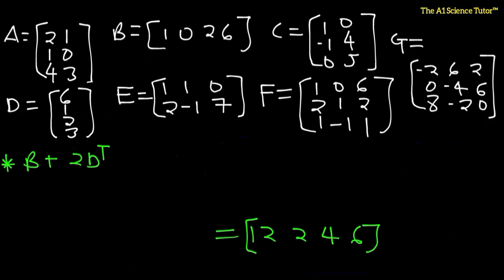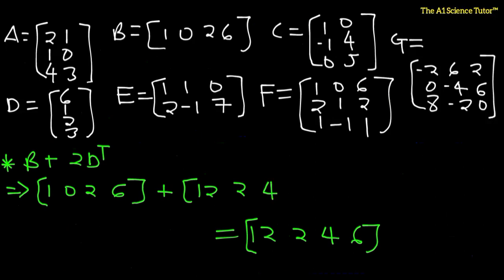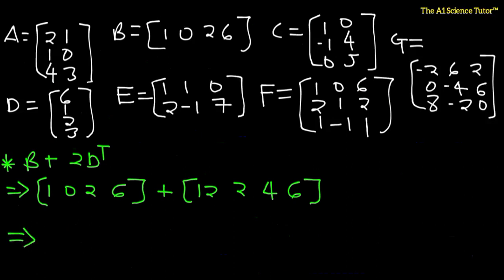So let us work that. This is going to be B, which is 1, 0, 2, and 6, plus this stuff here, which is 12, 2, 4, and 6. So this is 1 plus 12, and that is going to give us 13.